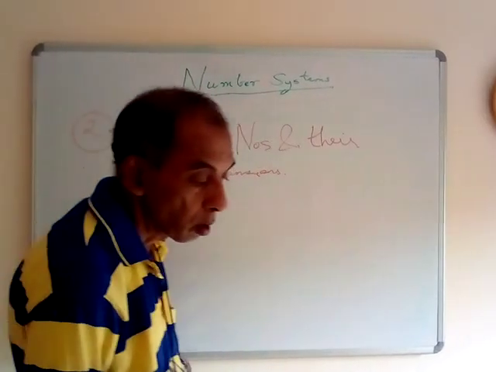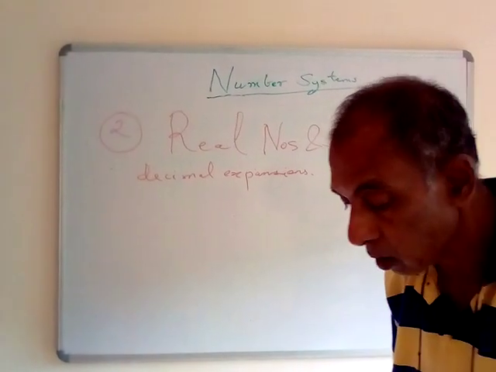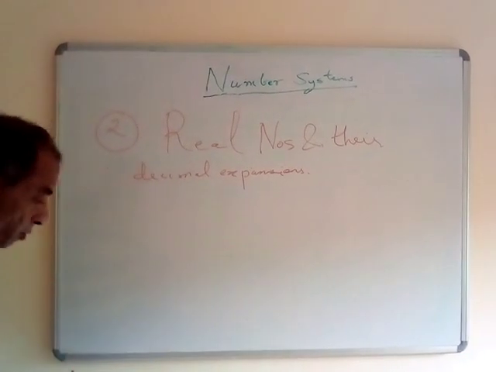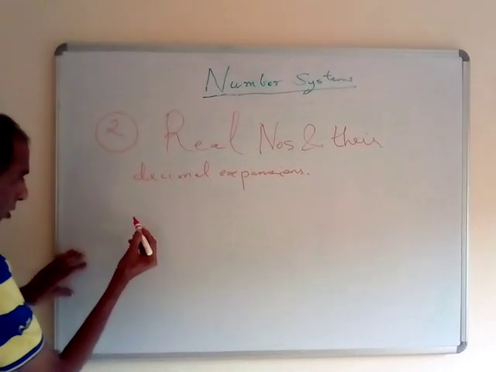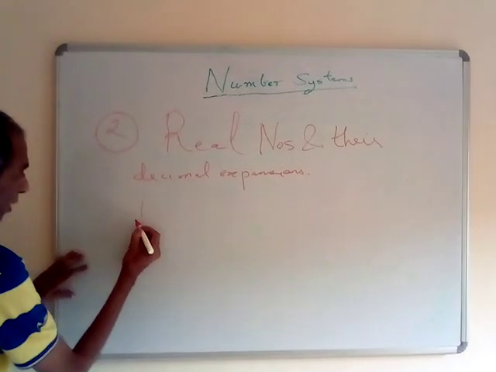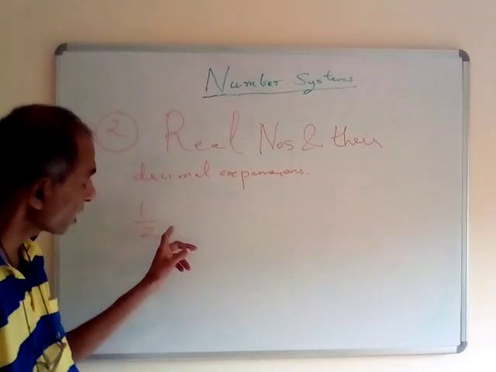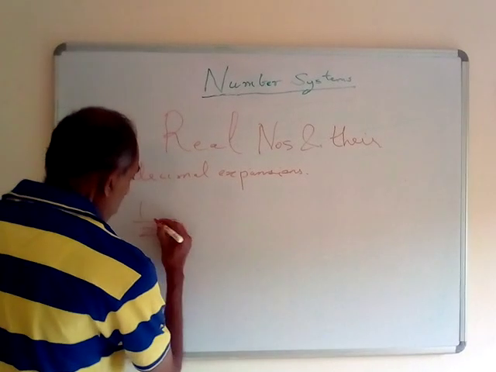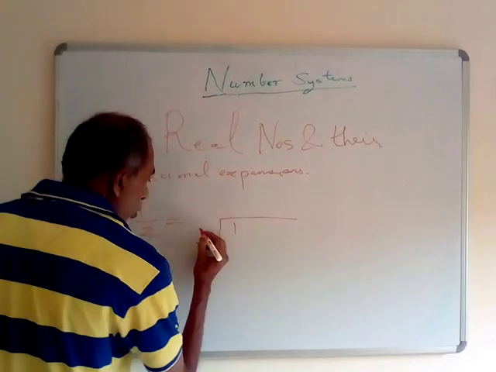So what are decimal expansions? Like you have rational numbers, we will take 1 upon 2 as an example. So what will be the decimal expansion of this? Here 1 is being divided by 2.